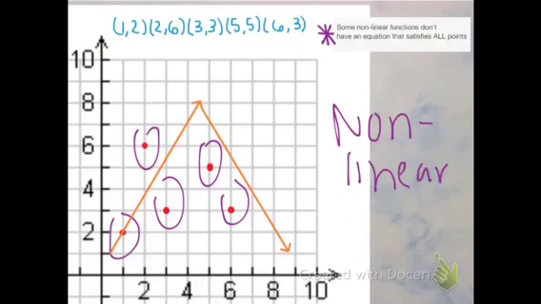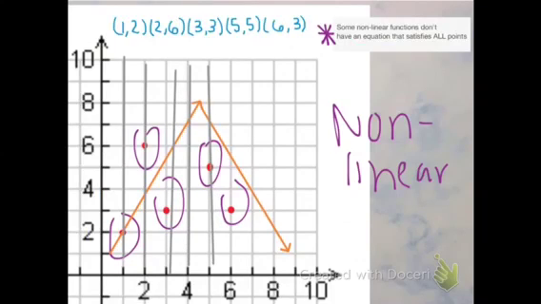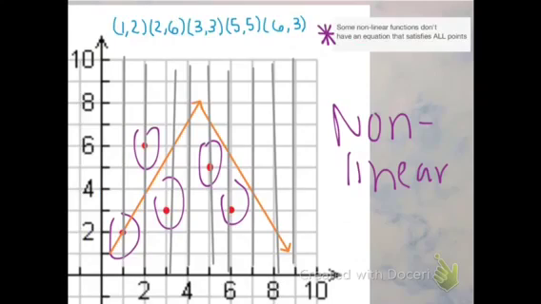So here you can see that there are no other values for it. 1, 2, 3, 4, 5, 6, 7, and for the rest of the graph. So, as you can see, none of the points on the lines are repeated more than once. So, this is what makes it a function.